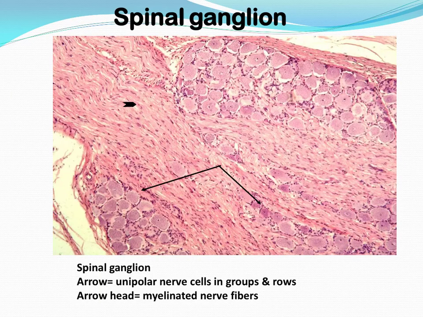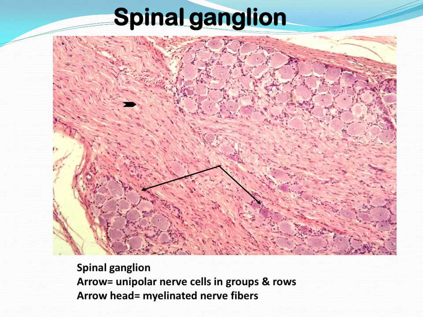This is a very important picture for the spinal ganglion. How can you diagnose the spinal ganglion? From the following points. First of all, the cells here are present in groups or in rows. This is very important. This is a group, and these are two rows.